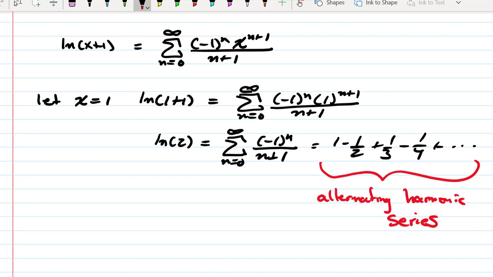And when we plugged in the specific value x equals 1, it generated the alternating harmonic series, but we know that we could have plugged that into our original function, the natural logarithm of x plus 1, which gave us ln 2. So the ln of 2 has to equal that series, which was the alternating harmonic. So we were able to successfully sum that series and find its value.